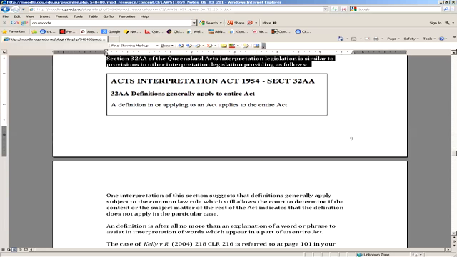I think the danger with using the internet and electronic analysis of statutes is that you go to one specific section, you jump and look at another specific section, you jump and look at a third specific section, and you're not actually getting a feel for the whole Act.